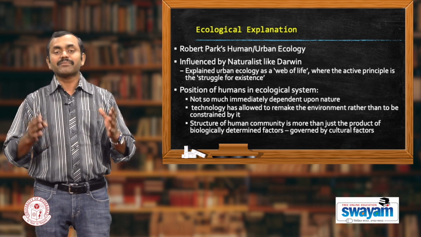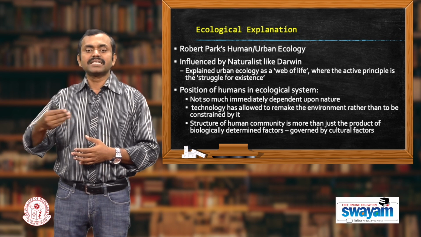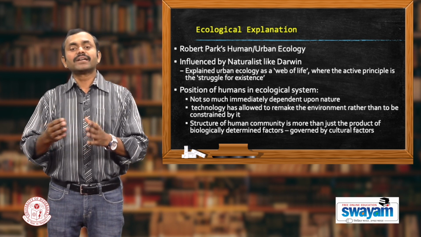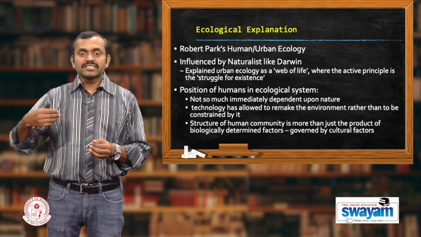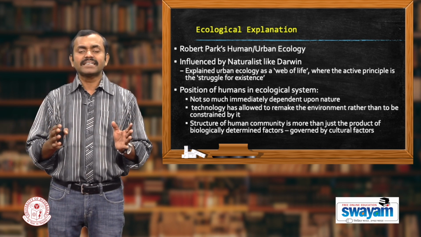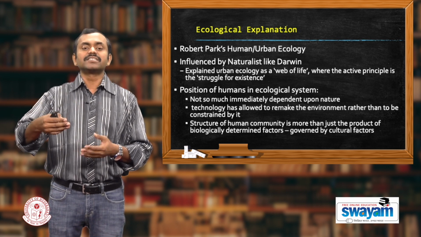even though human beings are a part of the web of life, they are not so immediately dependent on nature. Robert Park makes a distinction between industrial society and pre-industrial society, and he is of the opinion that as society moves on to the industrial society, dependence upon nature reduces.